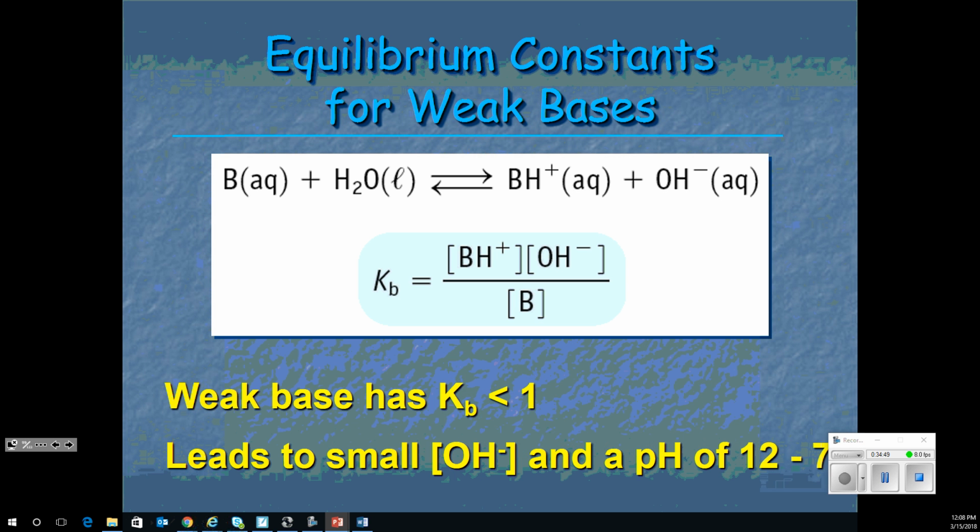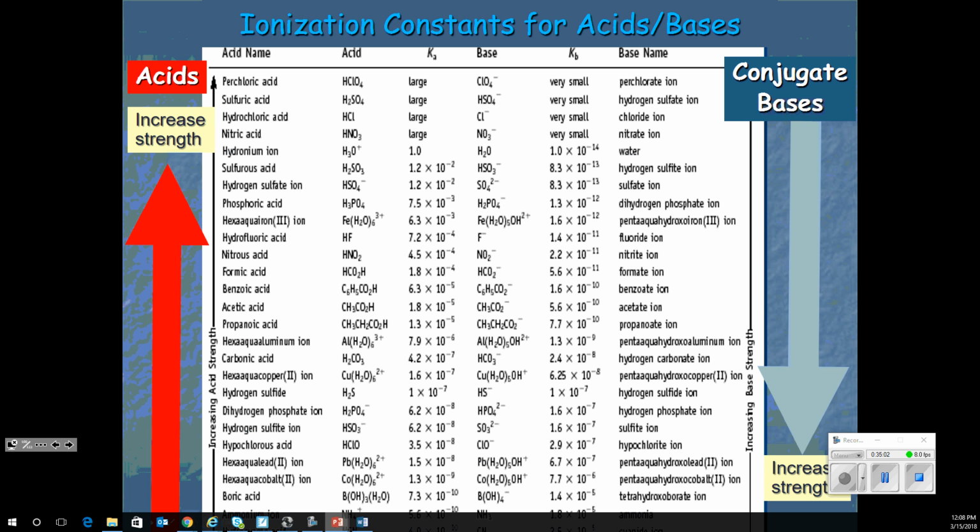If I have a base, then I call it Kb. So this is not hard. Again, if the Kb is small, below 1, then I've got a weak acid or base. If it's above 1, then I've got a strong one. We end up with a chart that looks like this. Now, if you multiply the Ka times the Kb, you will get the Kw.